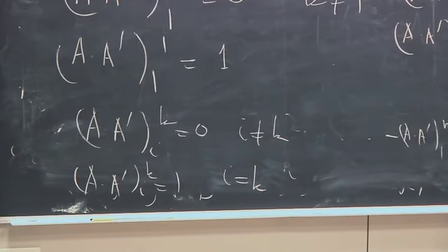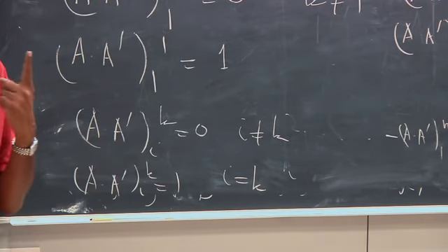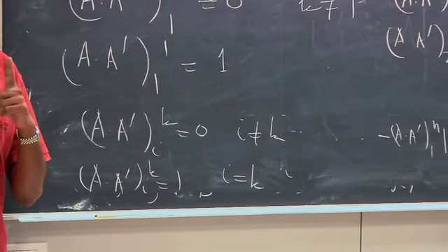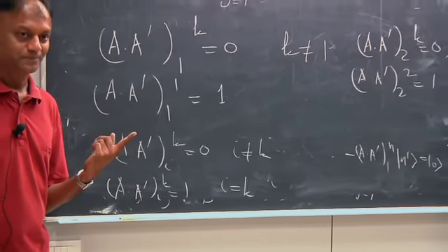That is the unit matrix, right? The identity matrix. All the off-diagonal terms are 0 and all the diagonal terms are 1. So we are concluding that A times A prime is the identity matrix, which means A prime is the inverse of A.